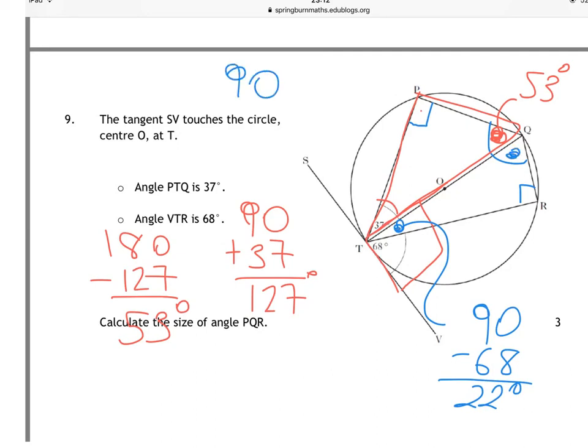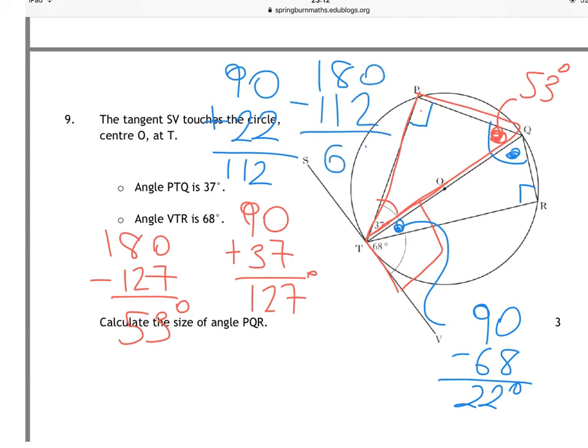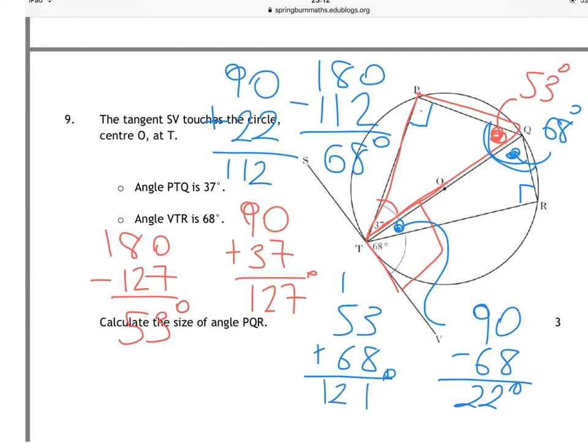So again, 90 plus 22 will give me 112, and it's 112 from 180, and that will give me 68 degrees. So that bend there's 68 degrees. It's then just a case of adding both of these together. So 53 plus 68, and that is 121 degrees.